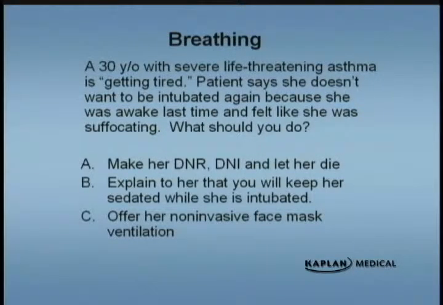So you take the bag valve mask off and you hook it up to a machine with the bellows of the ventilator. What non-invasive face mask ventilation is, it's the use of the ventilator without the endotracheal tube. So in other words, there's a tight-fitting mask on the face of the patient, like a jet fighter pilot, hooked up to the ventilator, pushing the good air in, so to speak.